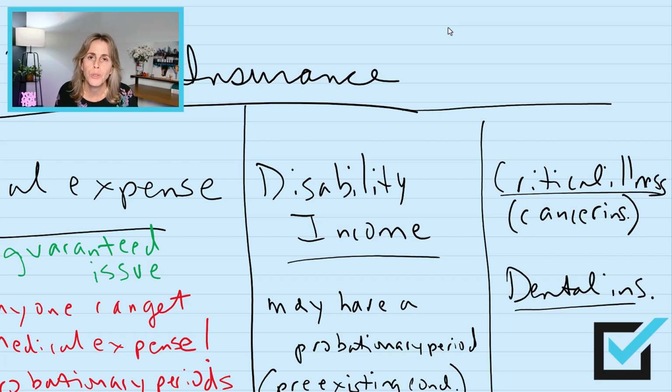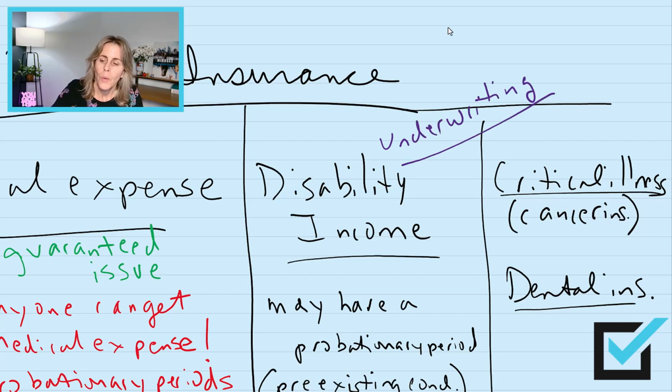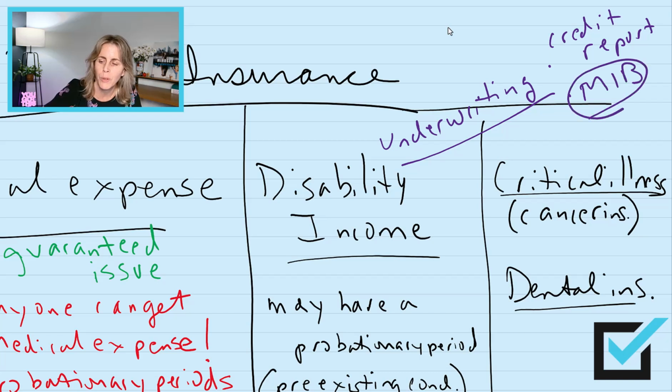When you go to buy health insurance, there's going to be underwriting that occurs. And the underwriting is going to be this: they may pull your credit report, governed under the Fair Credit Reporting Act. They may get information from your doctor and then submit codes to the Medical Information Bureau. Life and health insurers are members of the MIB.